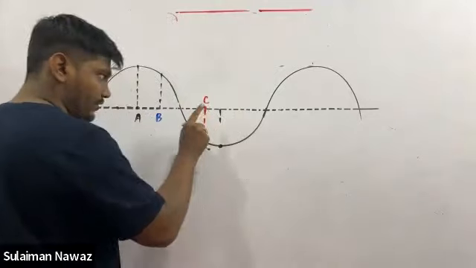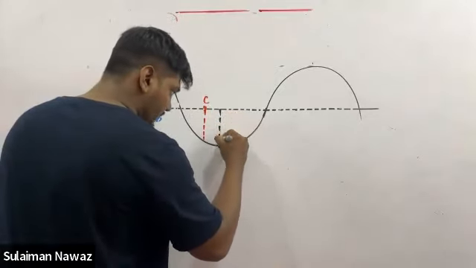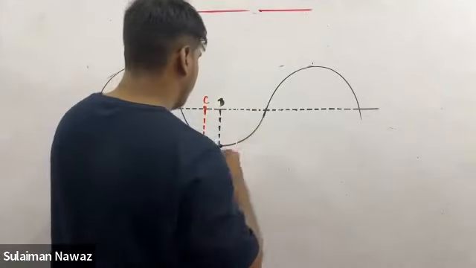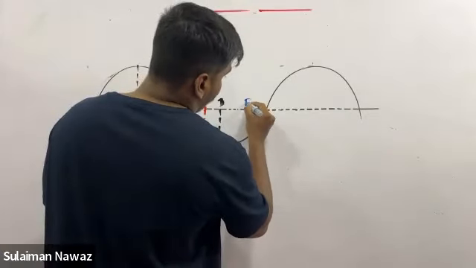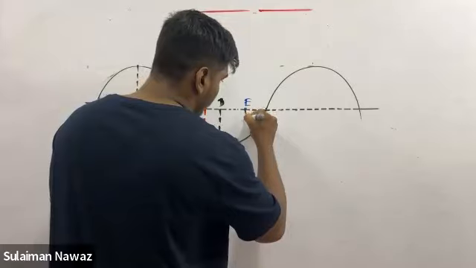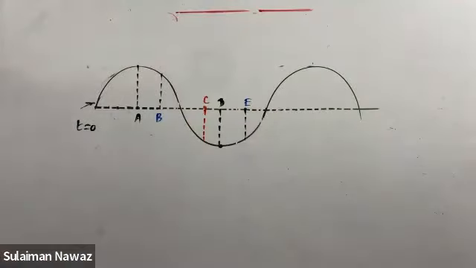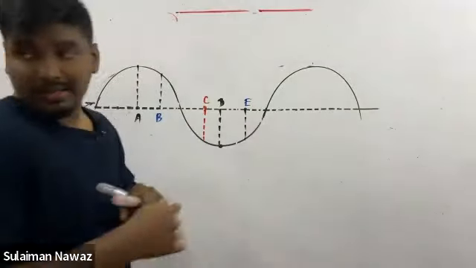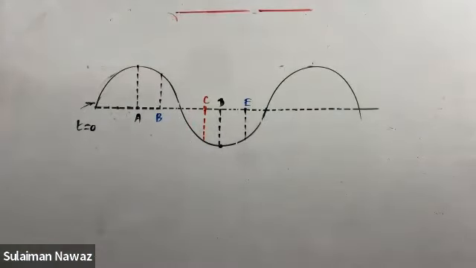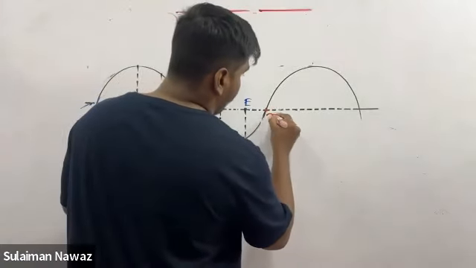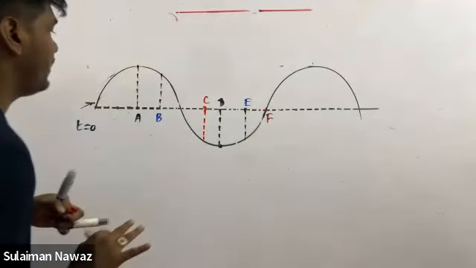Capital D particle. So draw this diagram with me. Capital E particle. Then we'll mark this particle as capital F. Right.